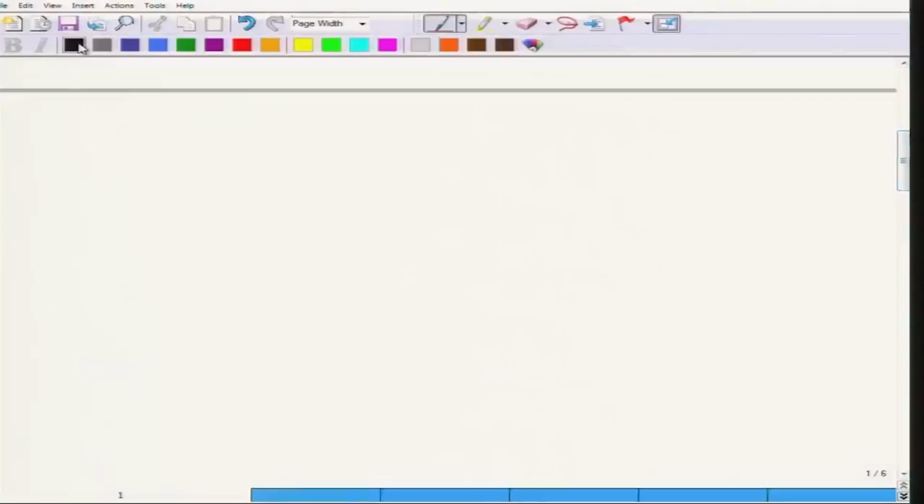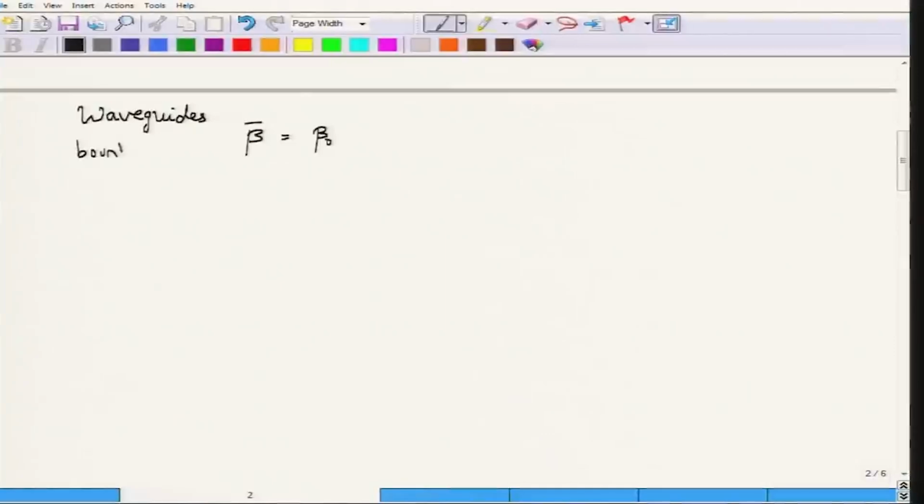This is a situation where we have already solved this one for the waveguides. So, in waveguides we had this peculiar situation that beta was related in a nonlinear manner. I will use a bar over beta to indicate that we are considering beta in the bounded medium. Waveguide is an example of a bounded medium.